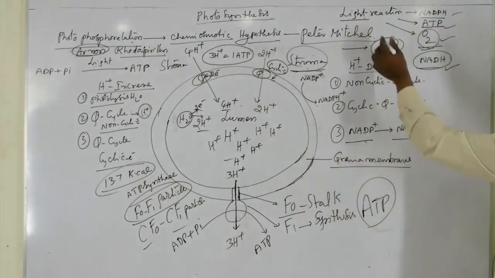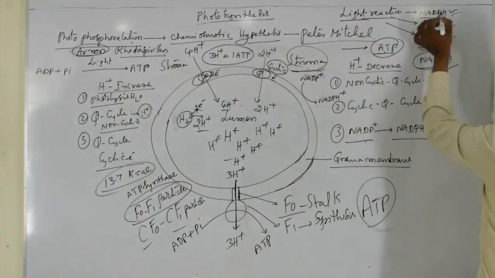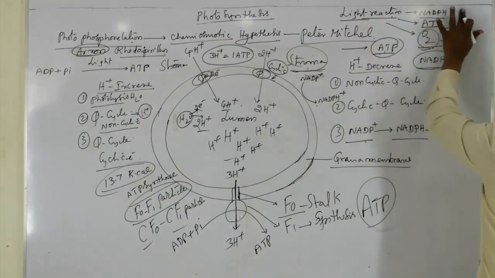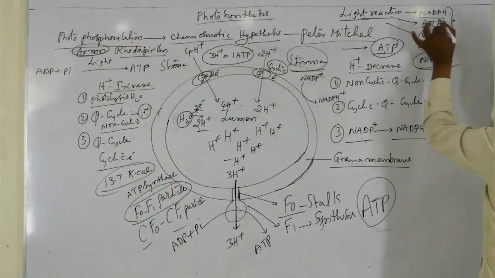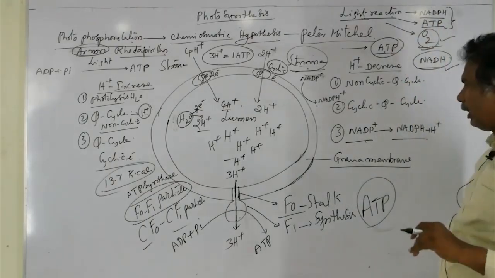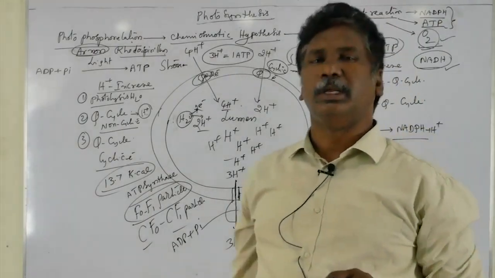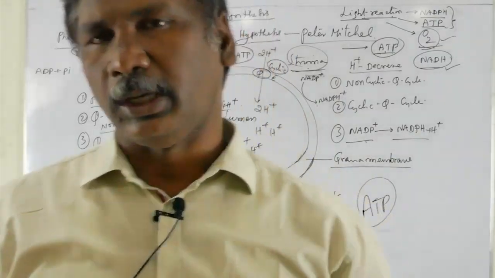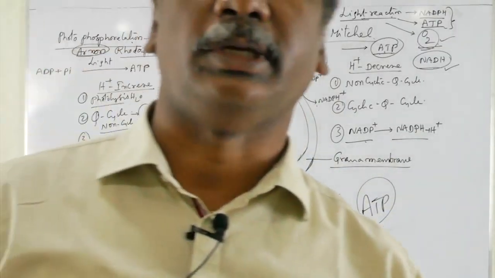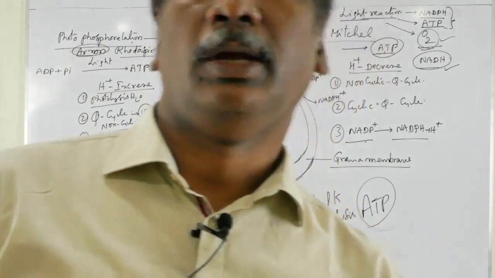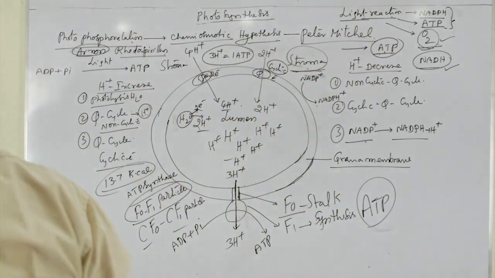So the end products of the light reaction are NADPH and ATP, which are considered assimilatory power or assimilation energy.